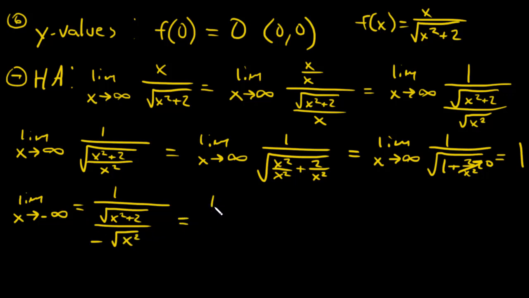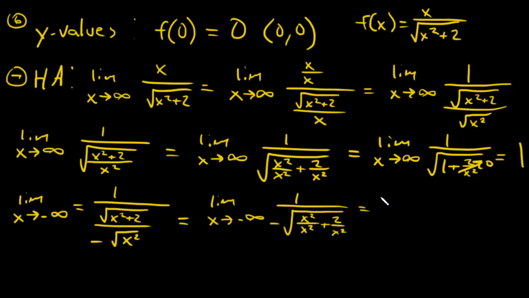So this is the limit as x approaches negative infinity of 1 over negative one big root, x squared over x squared plus 2 over x squared.